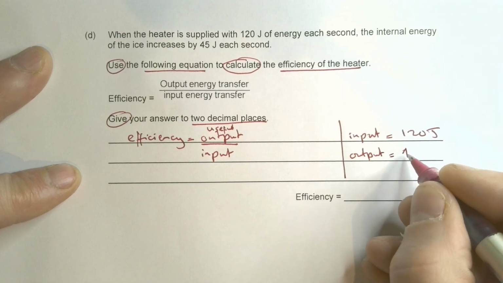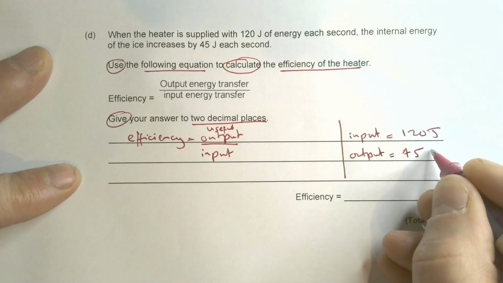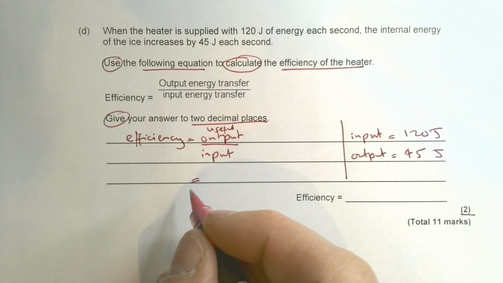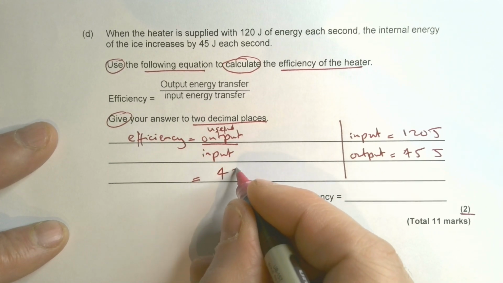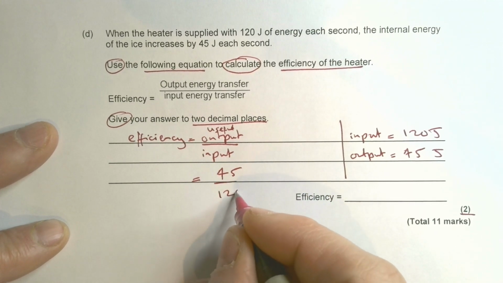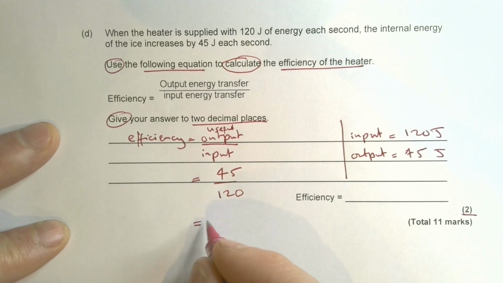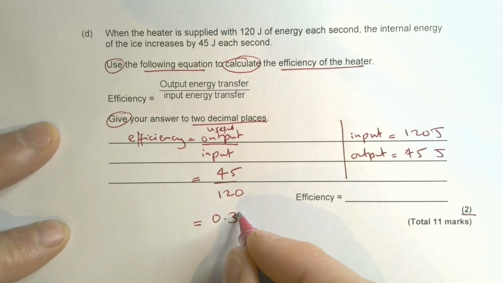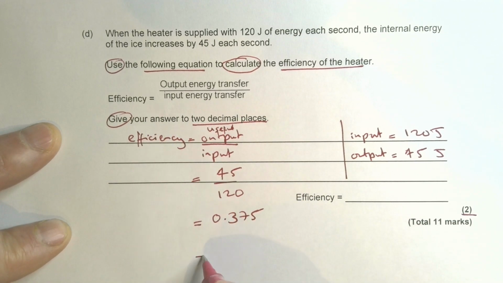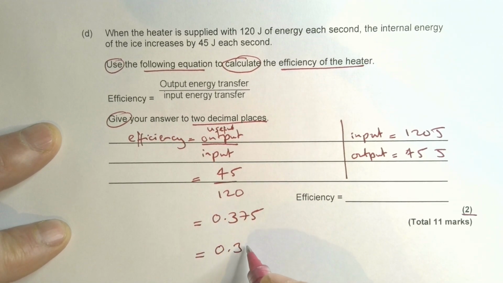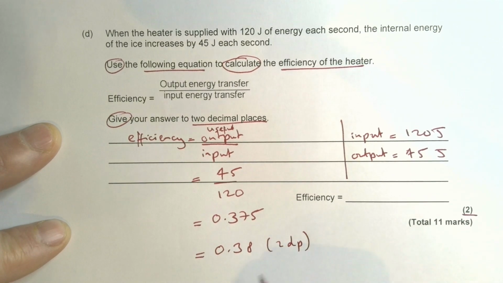It's 45 joules. So substitute our numbers in. We get useful output is 45 divided by 120 equals 0.375, but we have to give the answer to 2 decimal places, so it's 0.38 to 2 d.p. Okay.